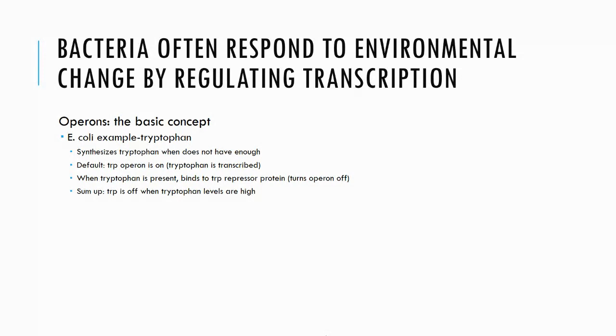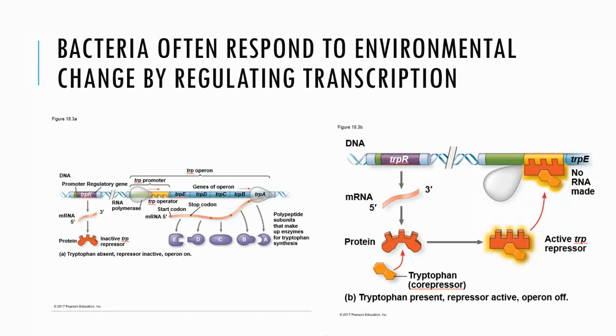As the amount of tryptophan builds up, it's going to bind to the trp repressor protein, which turns the operon off. So the presence of tryptophan will cause it to bind to the repressor, and that's going to turn the operon off so that tryptophan will no longer be made. And here is a picture example of that operon, as you can see there.